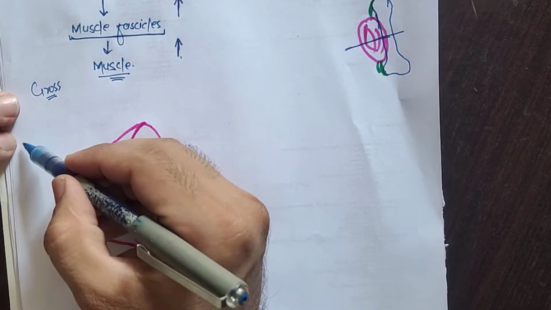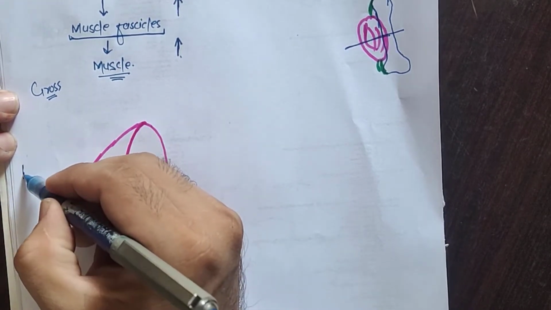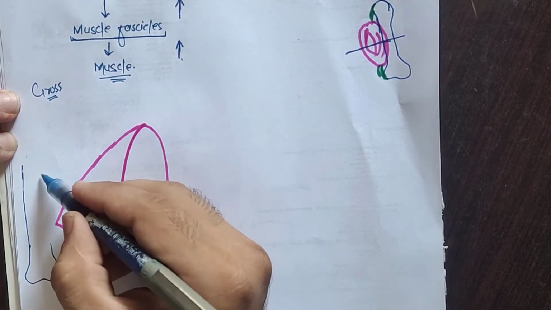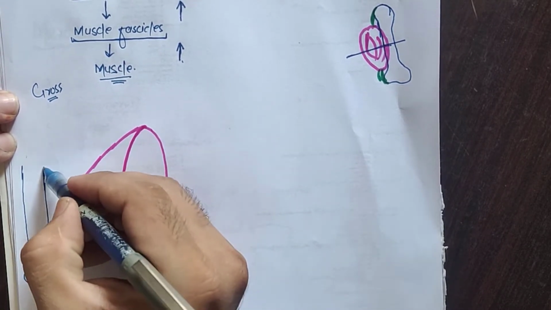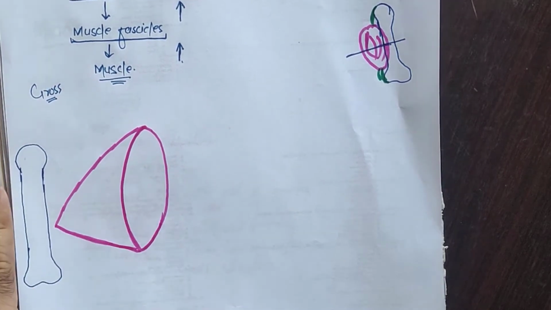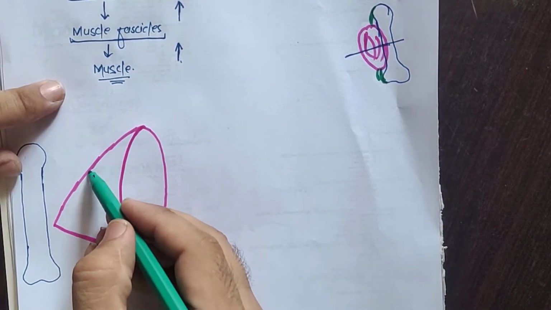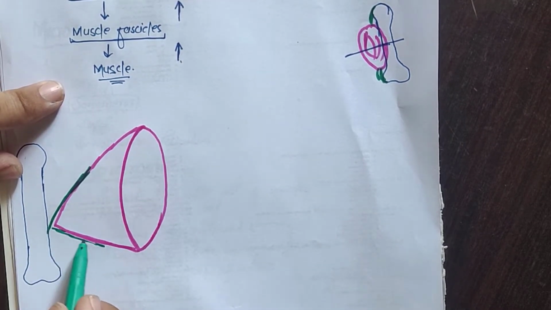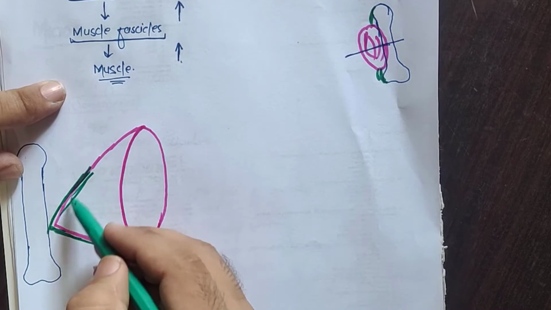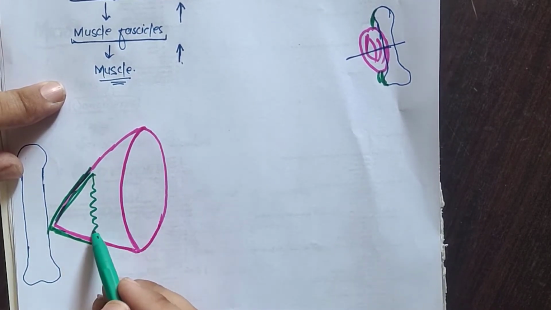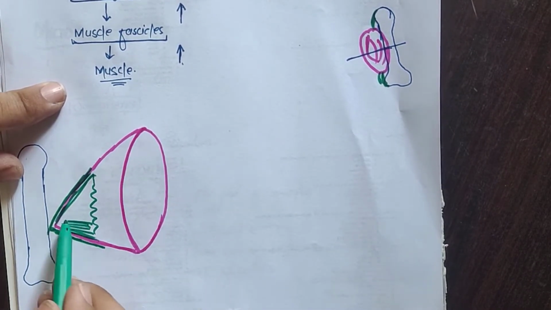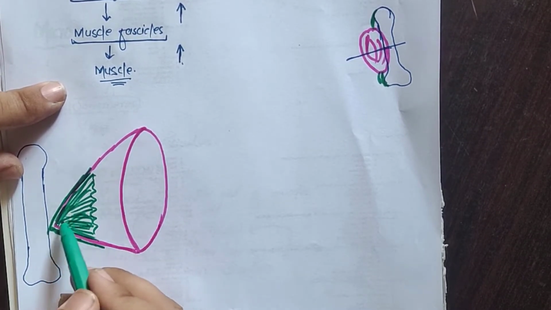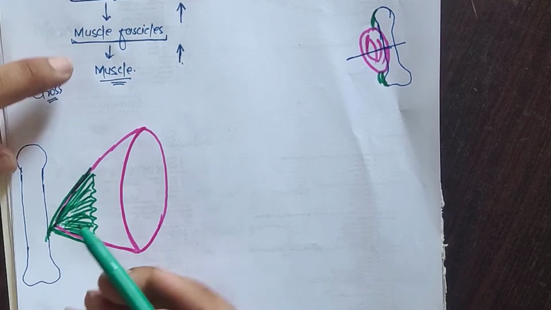Now look carefully, here is the bone, okay, and here is the connection between the muscle and the bone, and this is our tendon, right? So this is the tendon which is connecting the muscle to the bone, right?